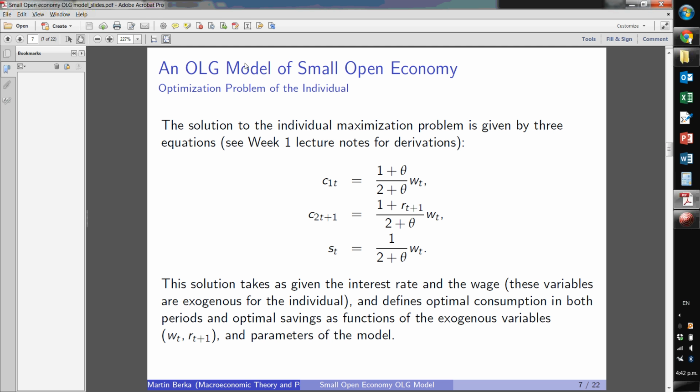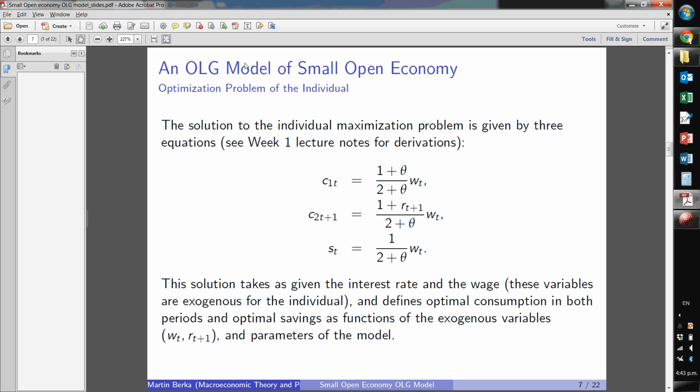As we had in the first week lecture, consumption in period 1, also consumption when young, is a constant share of the lifetime wealth. In this case, lifetime wealth is just the wage income, and there is no labor-leisure decision, so the wage income we assume is full-time wage, and the share of it is (1 plus theta) over (2 plus theta).